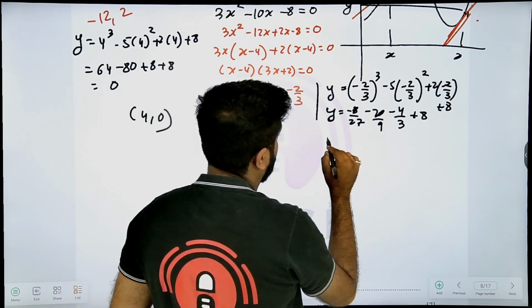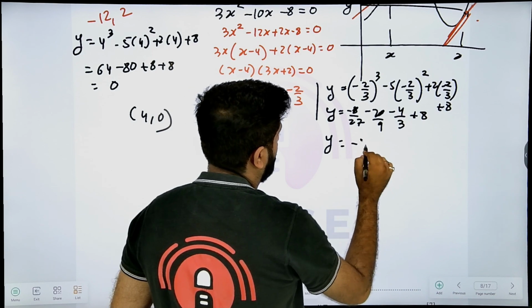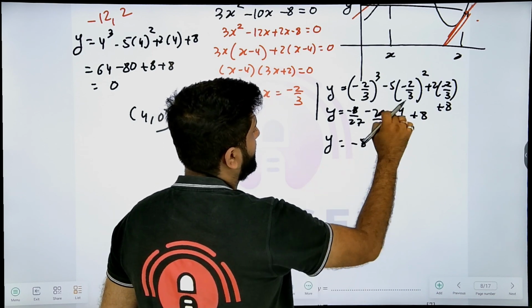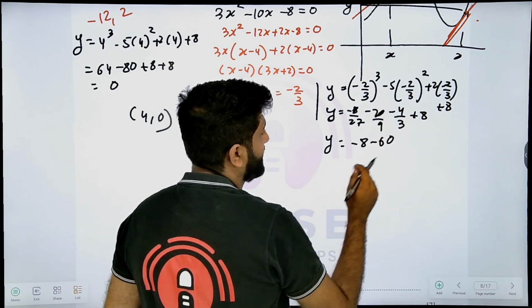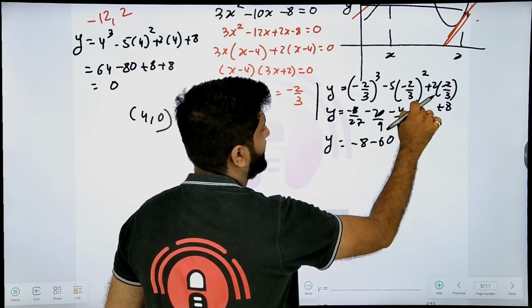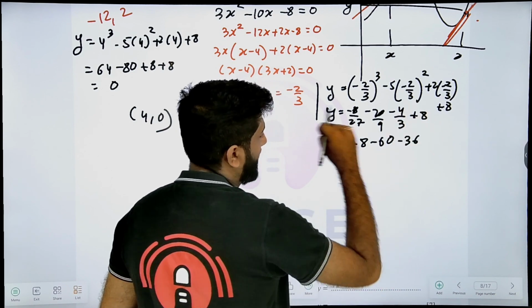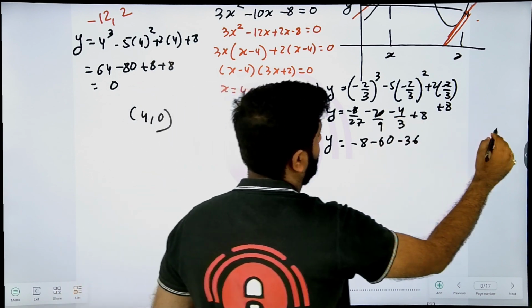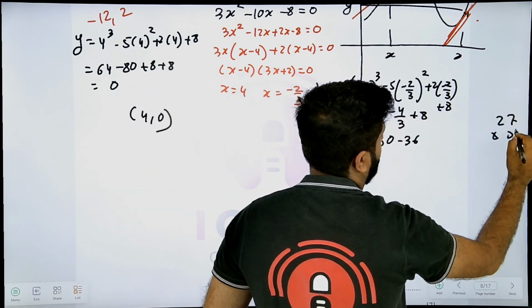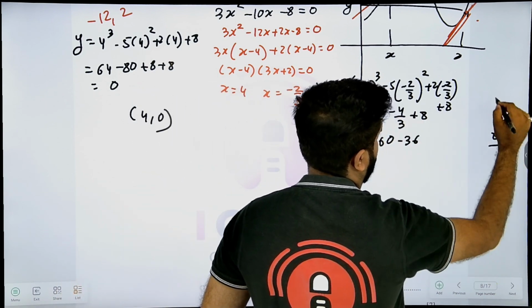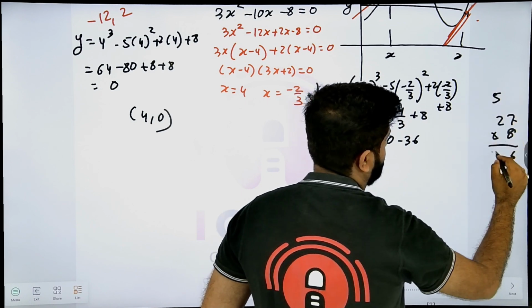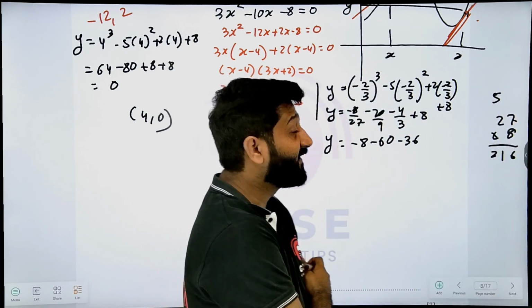The LCM is supposed to be 27, so you have y as minus 8, into 3 into 3, so that is negative 60, into 9 into 9, negative 36, and then you have 27 times 8. 8 sevens are 56. 8 twos are 16. 16 plus 5 is 21.